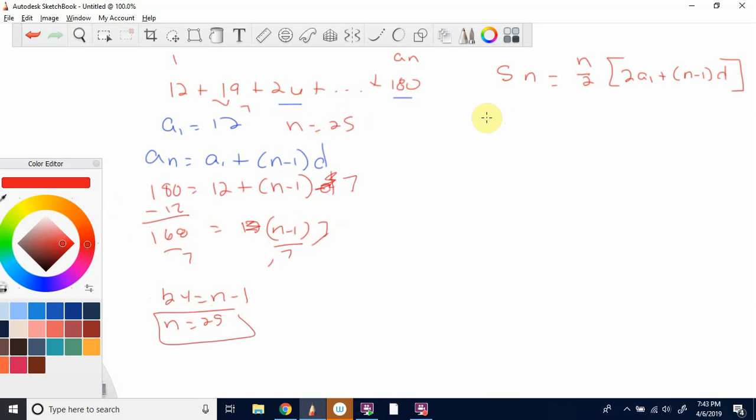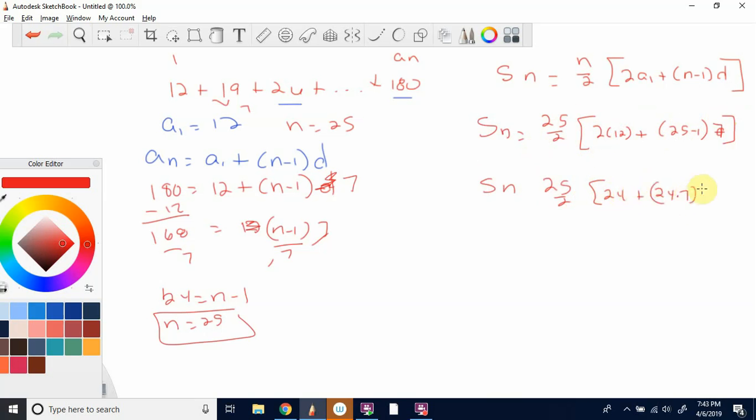So now I can do this. S of n is 25 over 2 times 2 times 12 plus 25 minus 1. I know my common difference is 7. And then if I just use the math here and plug this in, I'm going to get 25 over 2 times 24 plus 168.